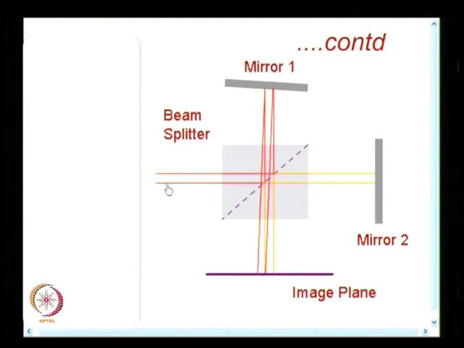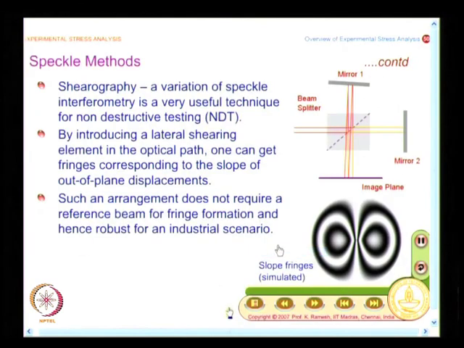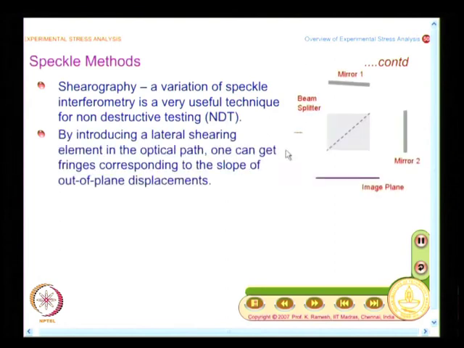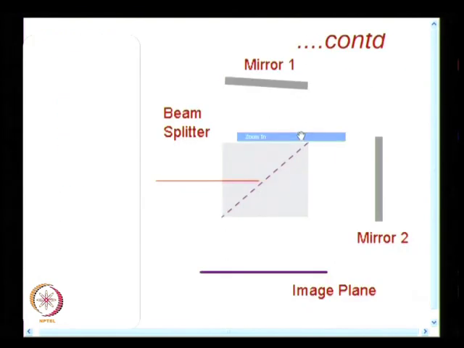So, for each incident ray you will have two rays impinging on the image plane, and we will just have a look at the animation again. And this is what you see here. The ray goes straight and hits this mirror, another component goes to mirror 1 and this gets sheared.